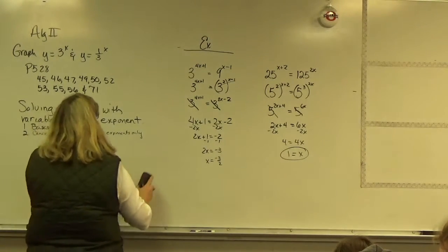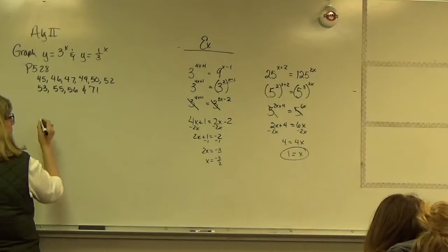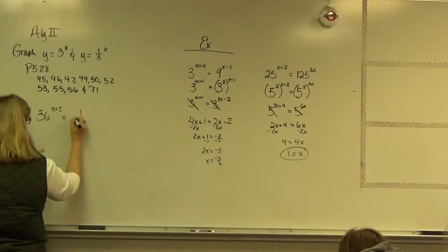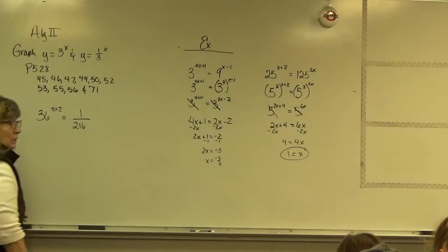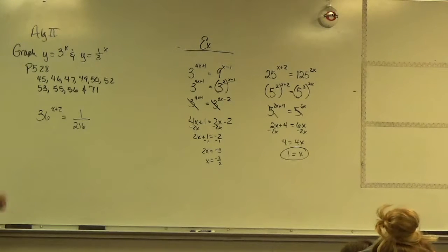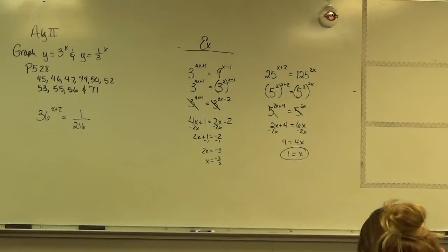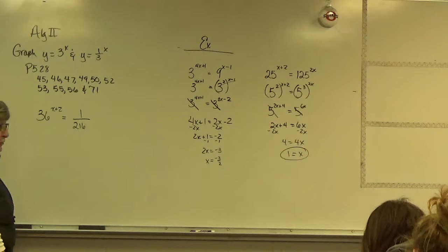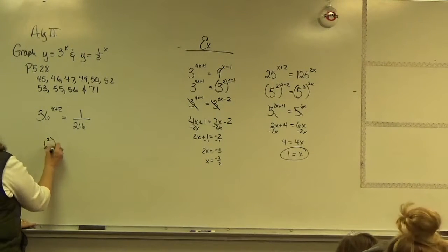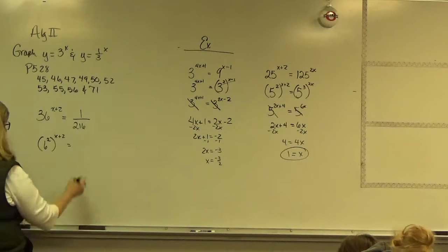Now I'm going to give you one that looks a little different. 36 as 6 squared. 216 is 6 cubed, right?